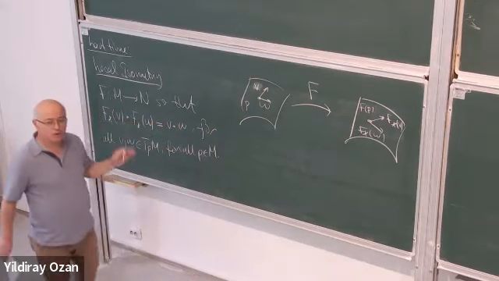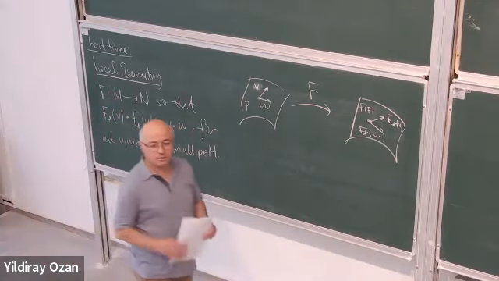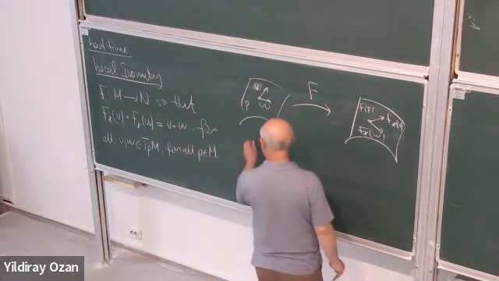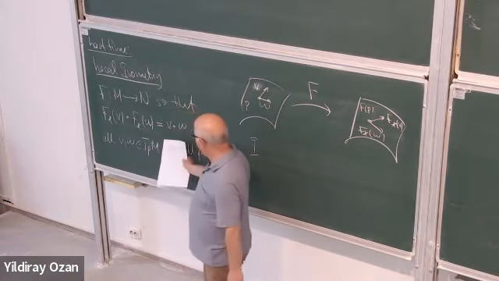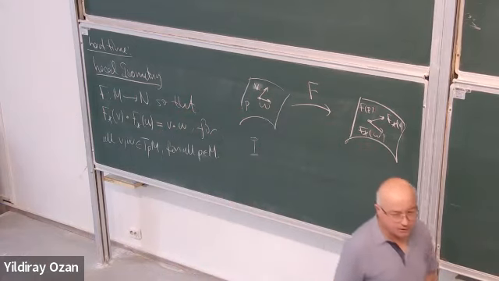If F is a local isometry and it's a diffeomorphism, then it's an isometry. Of course, if F is a local isometry, it preserves inner product, therefore it preserves length of a vector.